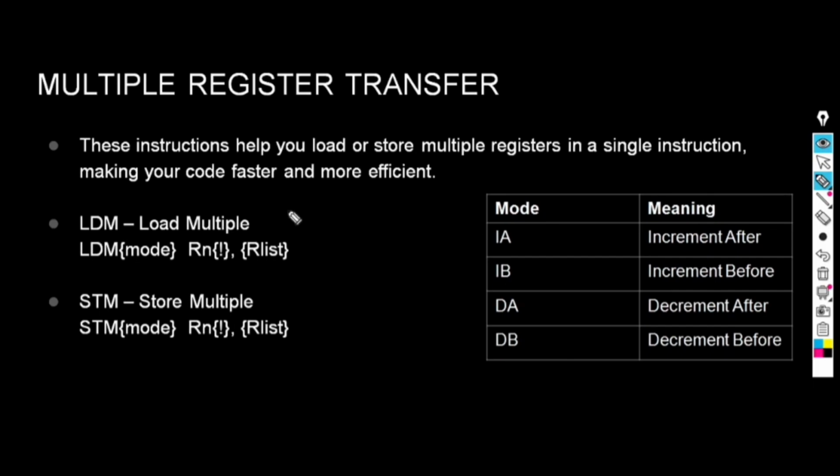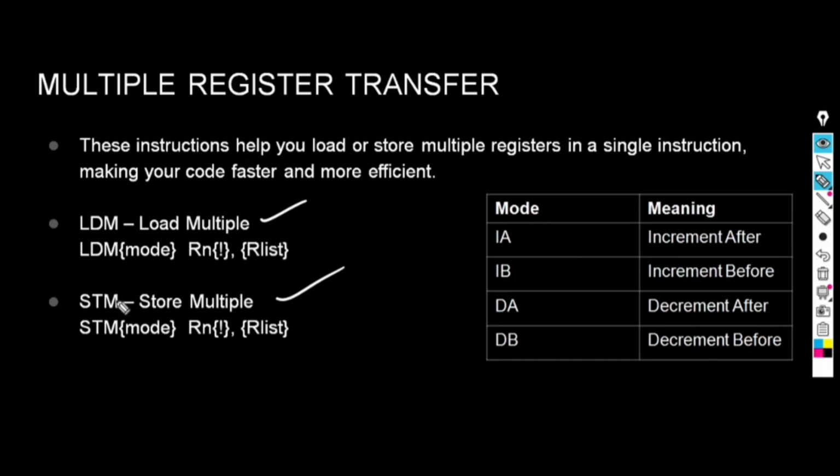So LDM and STM are two different categories of instructions under multiple register transfer. As you can expect, LDM will load multiple data content from the memory and place it in the register. Here Rn is your base register holding the memory location, and R list refers to all those registers into which the memory content should be loaded.